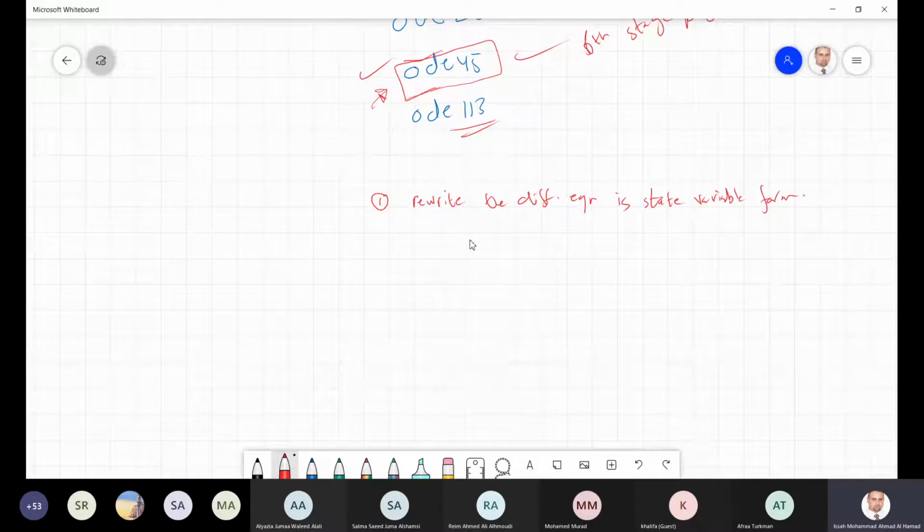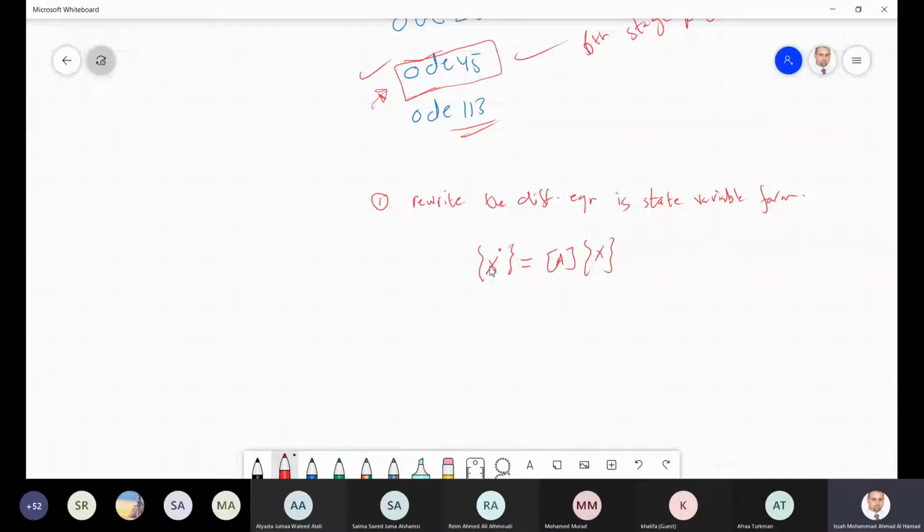something like this. So x dot as a vector equals A multiplied by x, okay, plus b, a constant vector.